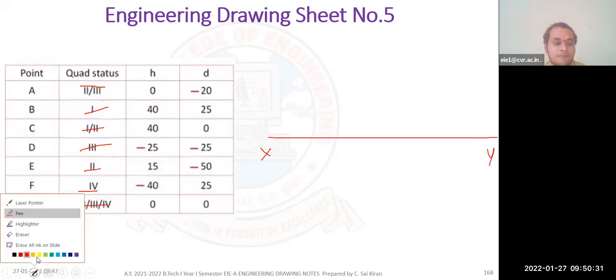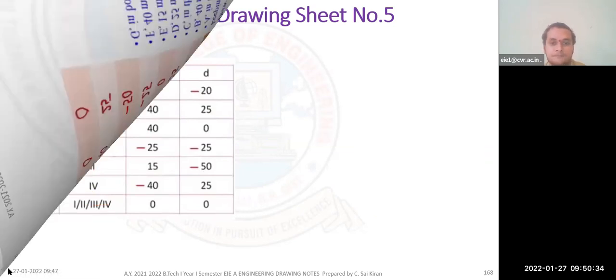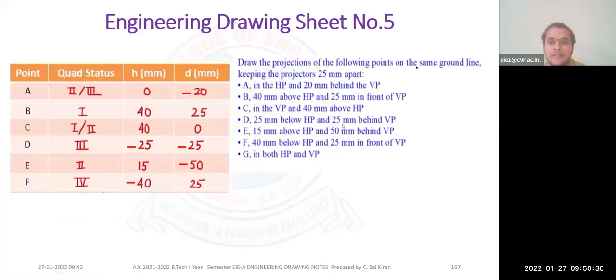If you see the problem, it says draw the projection of the following points on the same ground line. Ground line is nothing but the XY line in engineering drawing.